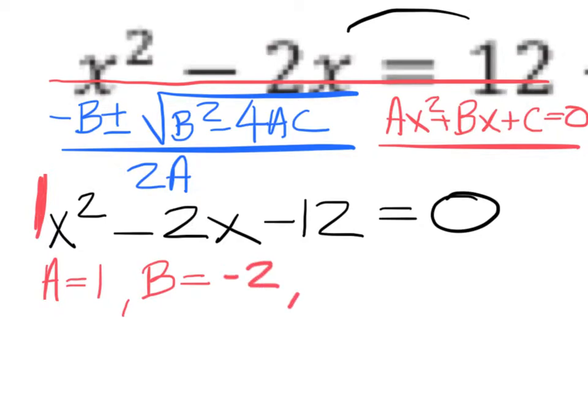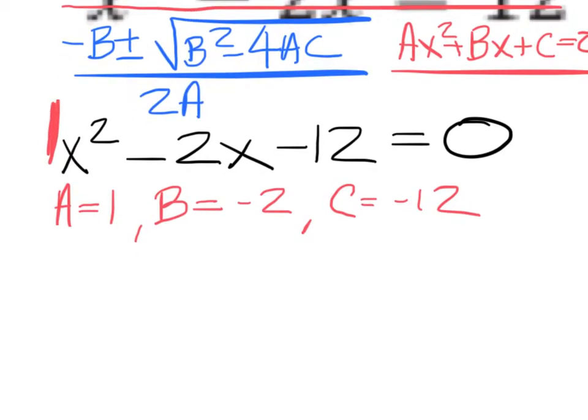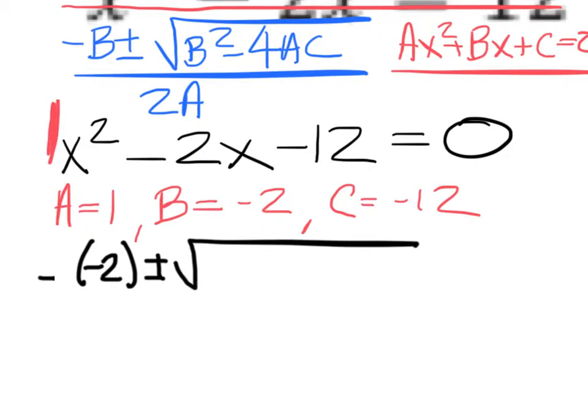And then C. What is C? Negative 12. You have to insert A, B, and C into that quadratic formula as 1, negative 2, and negative 12. So when we put those in, we get negative 2, plus or minus the square root of the quantity squared of negative 2.